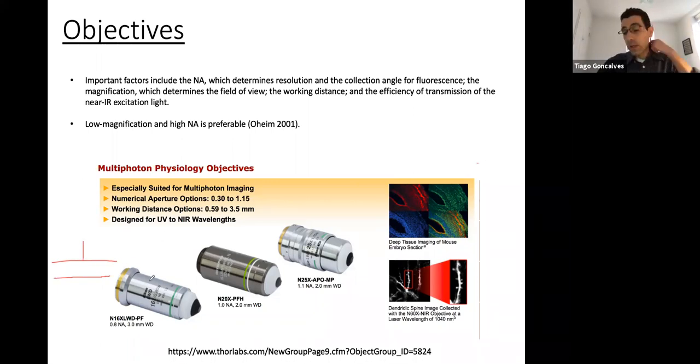So when you go to two-dimensional space, you want an absolutely flat illumination of the back of the objective in order to get the smallest possible point on the other side in your sample, because you want your focal point to be the absolute smallest possible. Now, the problem with that is that lasers are Gaussian.